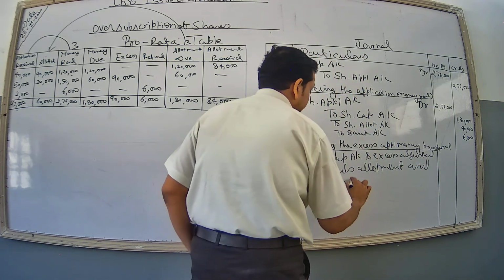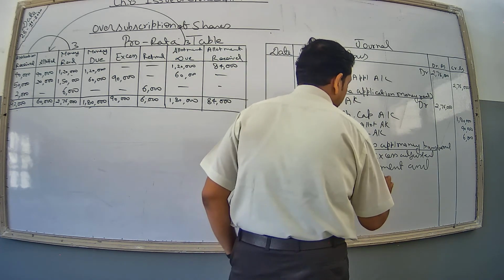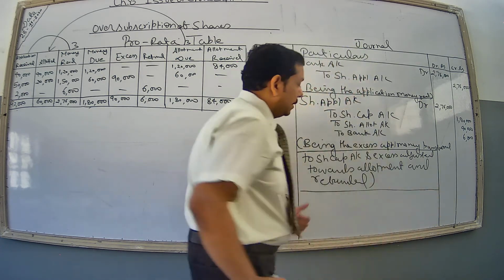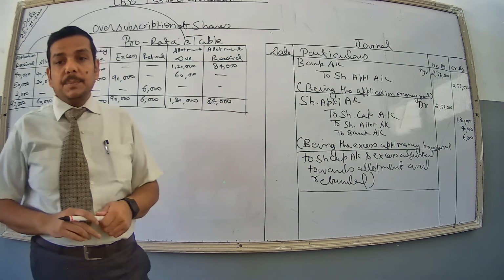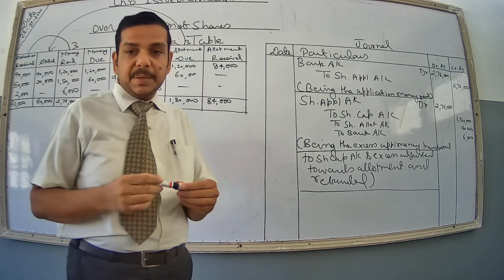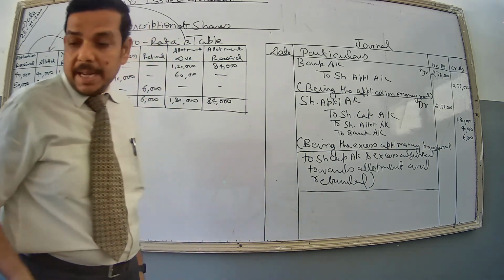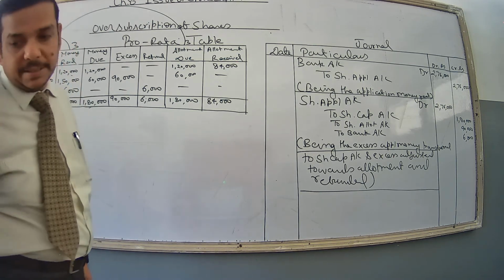You have to write the full narration: being the excess application money transferred to share capital account and excess adjusted toward allotment and refunded.